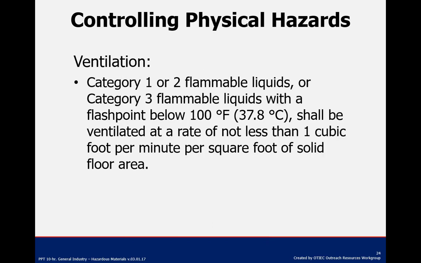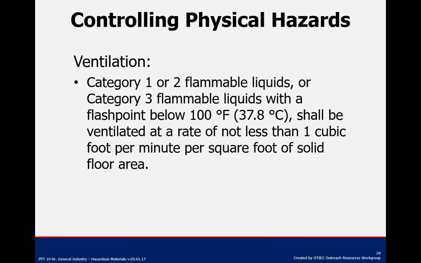Ventilation. Category 1 or 2 flammable liquids or Category 3 flammable liquids with a flash point below 37.8 degrees Celsius or 100 degrees Fahrenheit shall be ventilated at a rate of not less than 1 cubic foot per minute per square foot of solid floor area, usually accompanied by a natural or mechanical ventilation with discharge or exhaust to a safe location outside of the building.